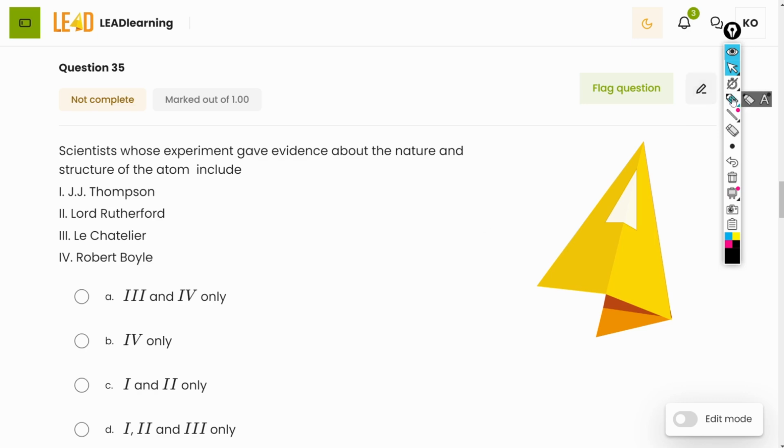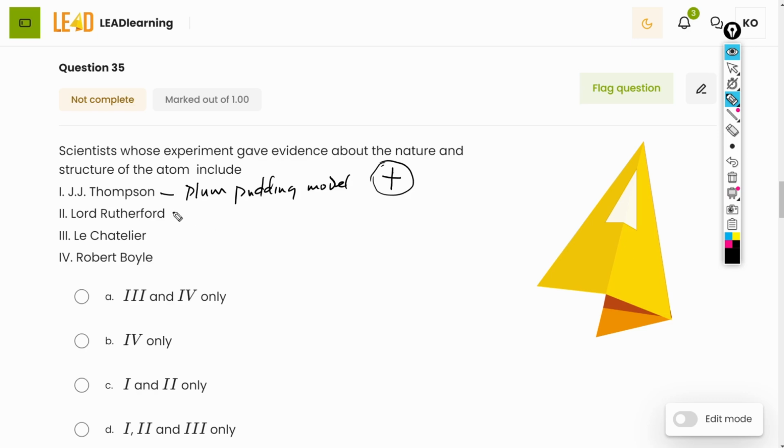Question 35. Scientists whose experiment gave evidence about the nature and structure of the atom include... Now let's look at their contributions. J.J. Thomson was the one that established the plum pudding model of the atom, describing the atom as a sphere with a giant positive center.